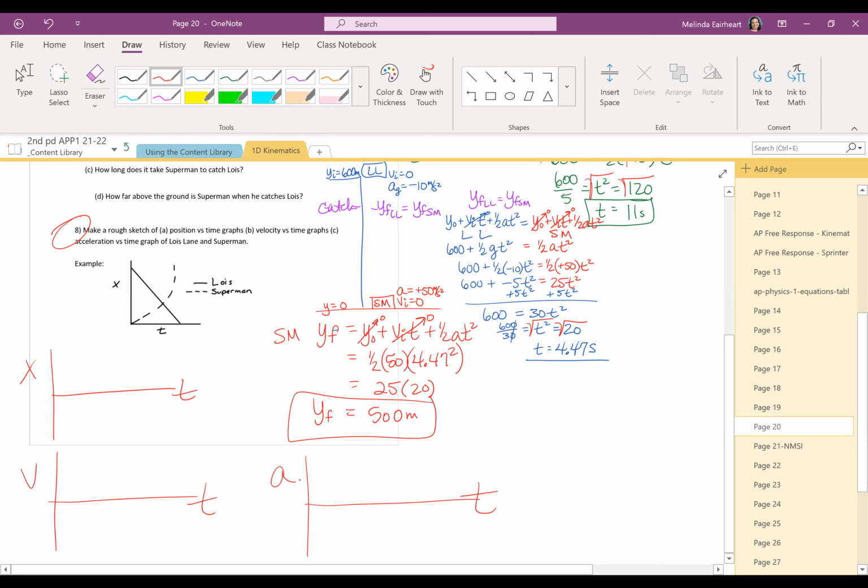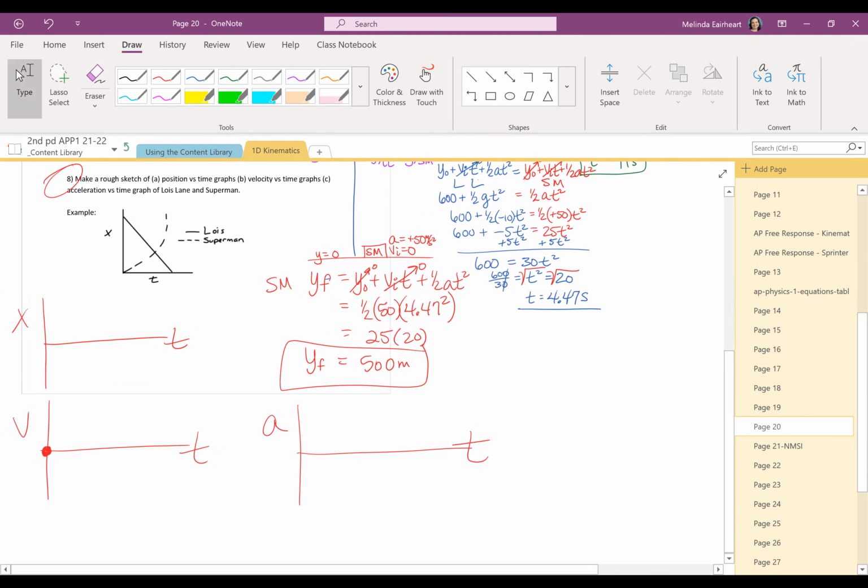We know both of them start at 0 velocity, right? They will be opposites. And so Lois will have, what's going to happen to her velocity? Increase in the negative direction.